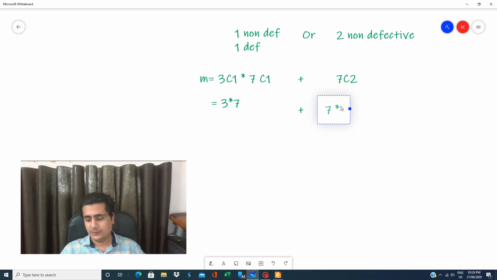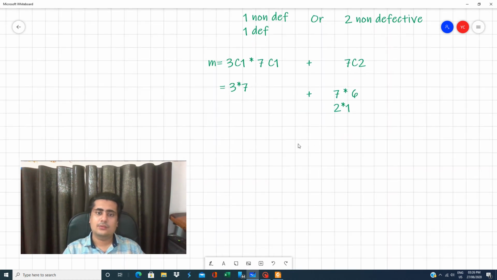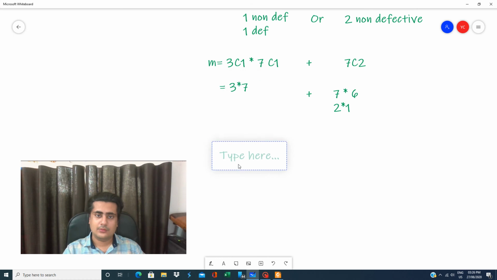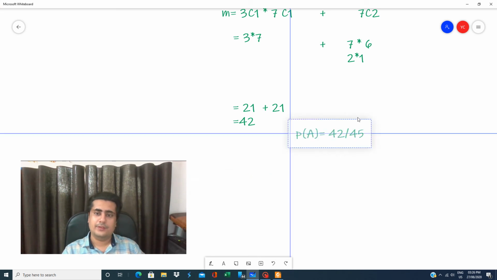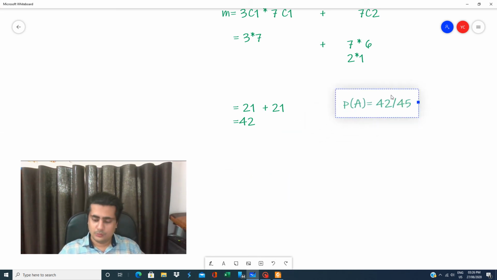It's 7 into 6 upon 2 into 1. 7 sixes are 42, 42 upon 2, that is 21. So it's 21 plus 21, that is 42. So your probability, P of A, is equal to 42 upon 45. If you reduce this, you will be getting 14 upon 15.